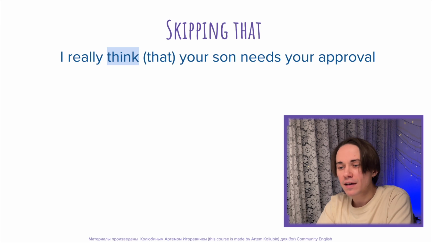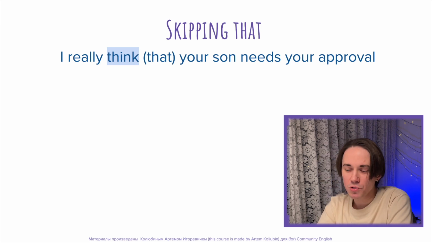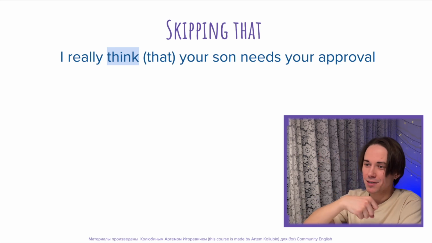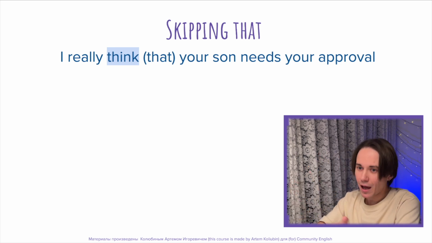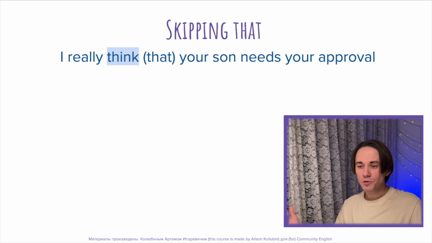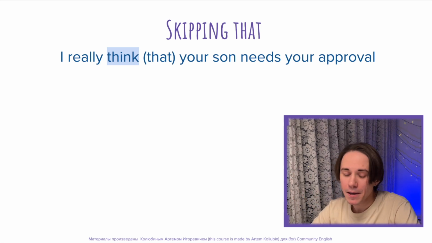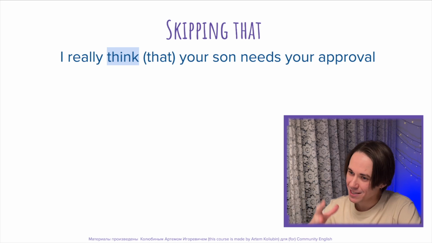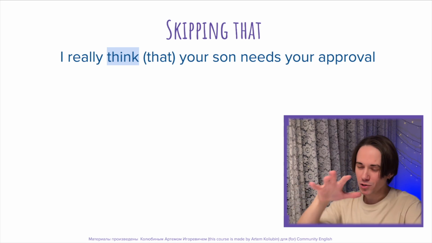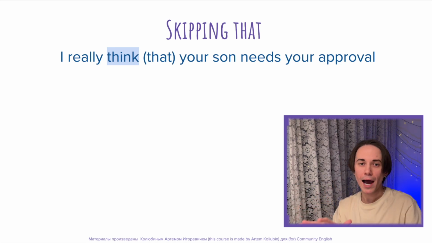I really think that your son needs your approval, right? But you can also skip that. Just don't say it. I really think your son needs your approval. Here you go. You connected the sentences even without that. Of course, you need to know where you can skip that and where you can't. We will talk a little bit more about that in just a moment, but that's the idea.